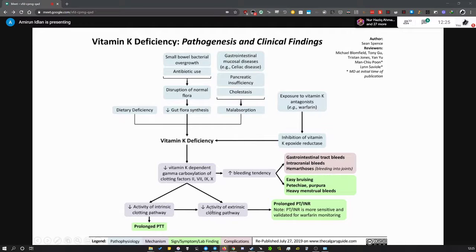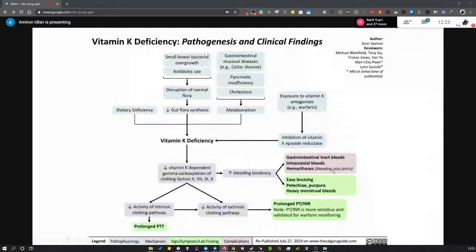For extrinsic it will be factor 2, factor 7, and factor 10, while intrinsic will be factor 7 and factor 9. So because of this deficit, there will be a bleeding tendency in the newborn. The presentation, if the GI tract is involved, will be gastrointestinal bleeding.